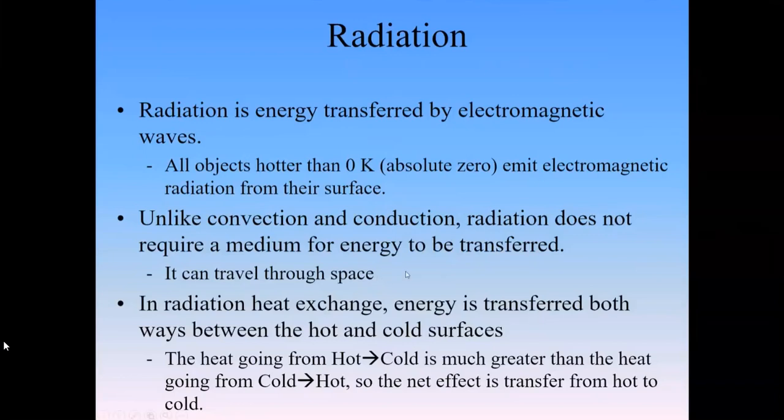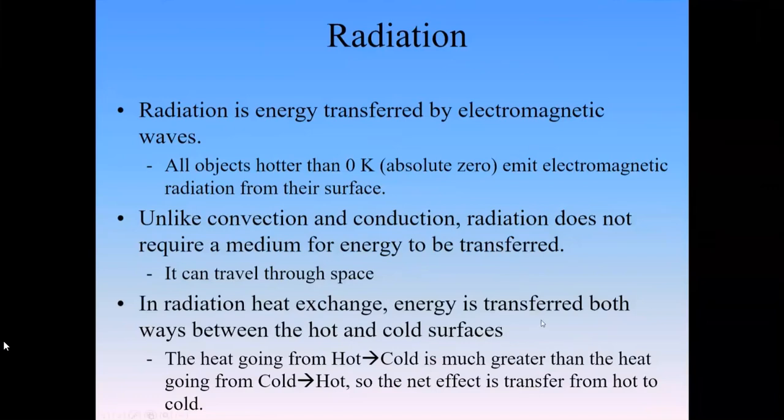There's always a back and forth exchange with radiation. So every object emits radiation, and the hotter it is, the more radiation it sends out. So when we have a hot and a cold surface, both are emitting radiation, but because the hotter surface has a net larger discharge of radiation, we have heat going as a net from the hot to the cold surface.